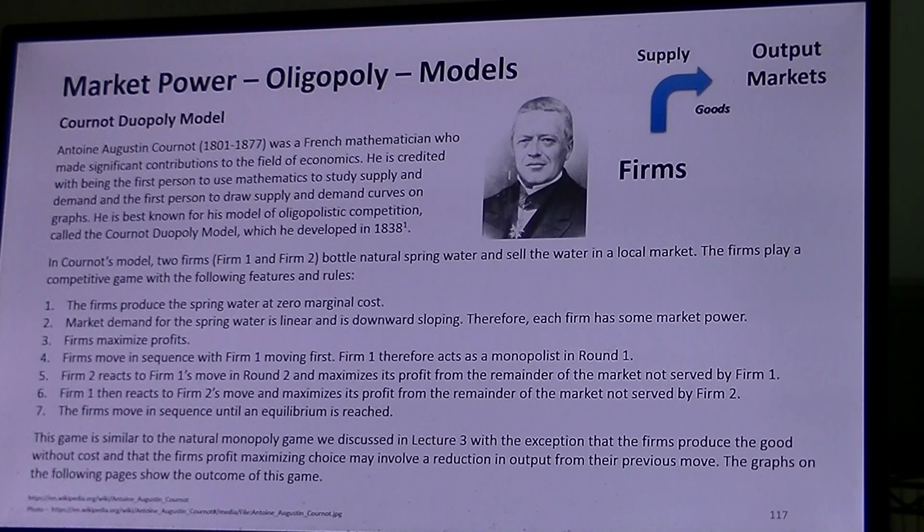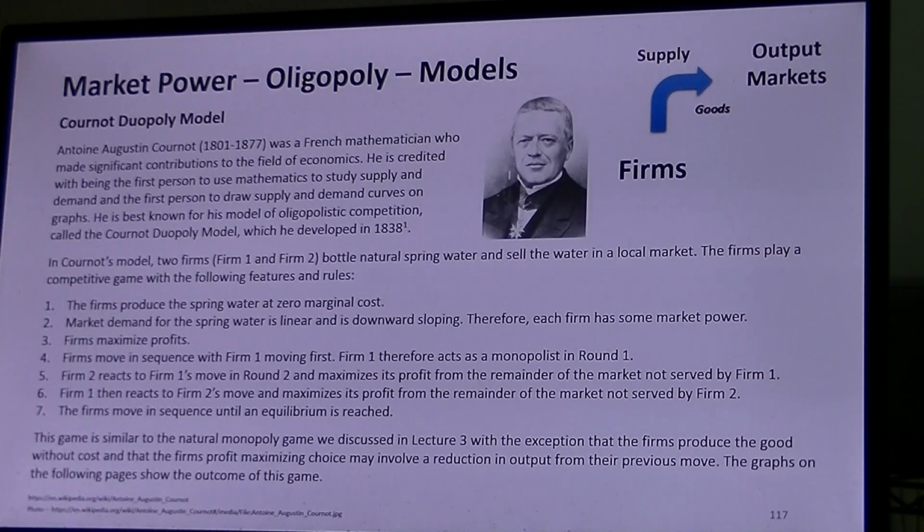He's credited with being the first person to use mathematics to study supply and demand, and the first person to draw supply and demand curves on graphs. He was very interested in the use of mathematics in economics, and is considered to have brought a lot of rigor to the field of economics.